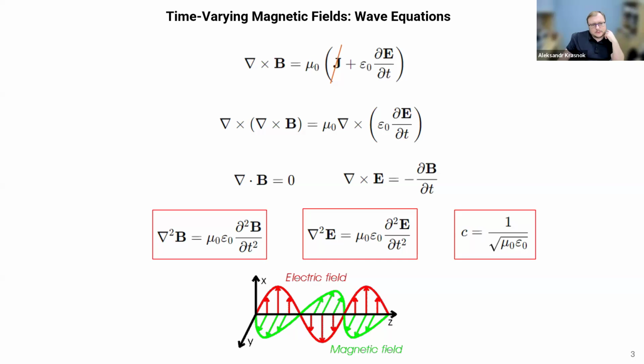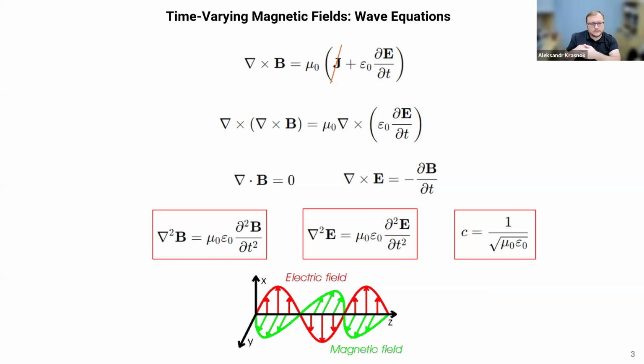It's a self-sustaining process, which we call the electromagnetic wave. One field creates another in the next place in space, and that field creates a new field, and so on.